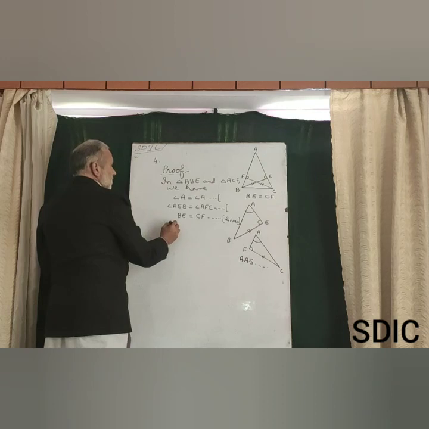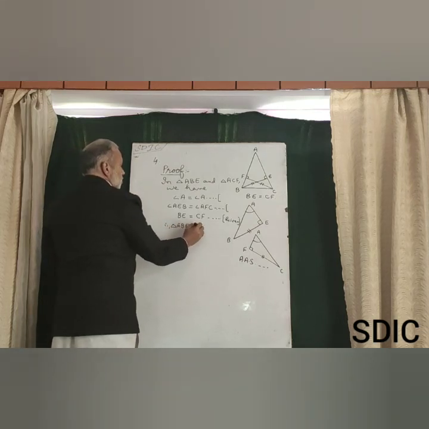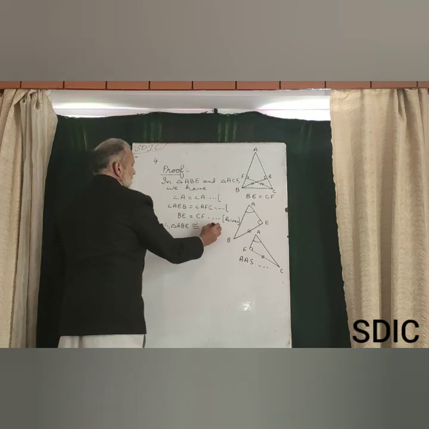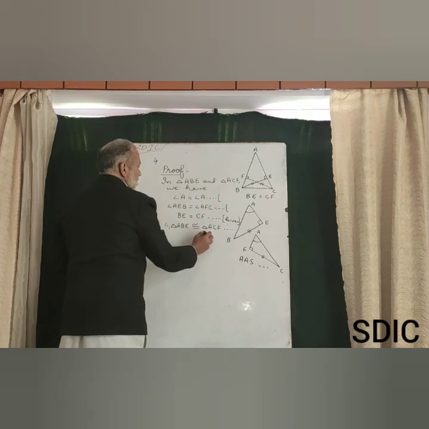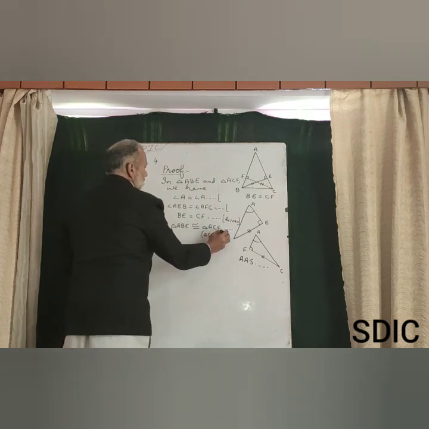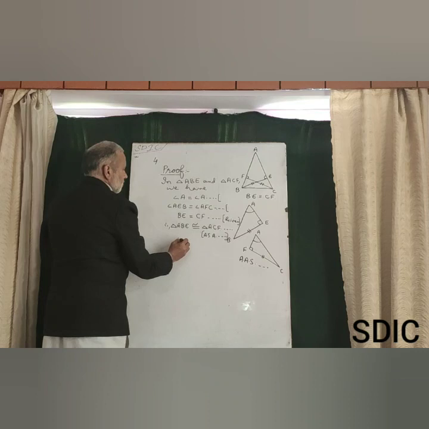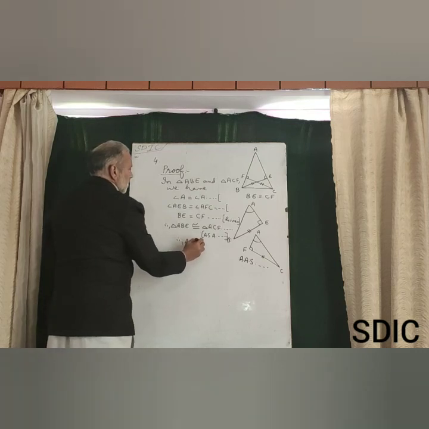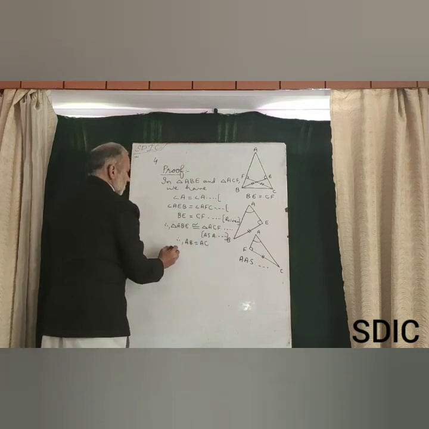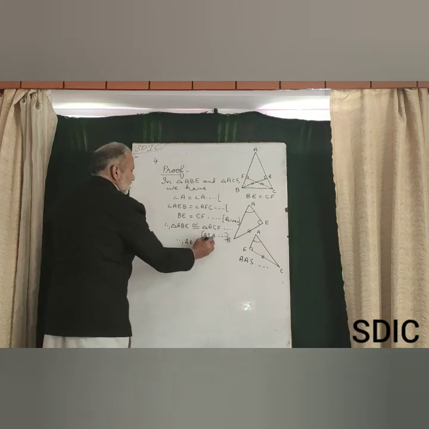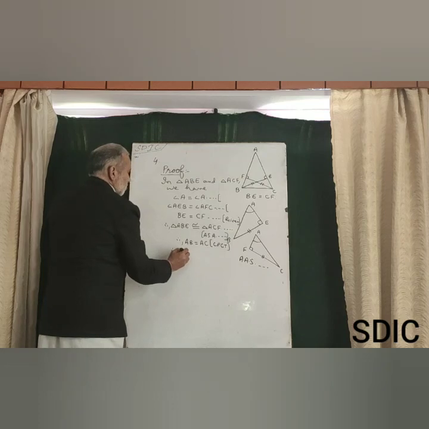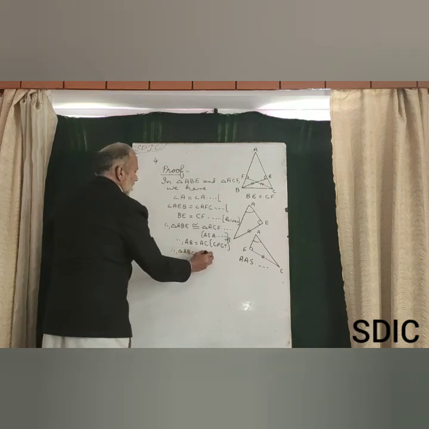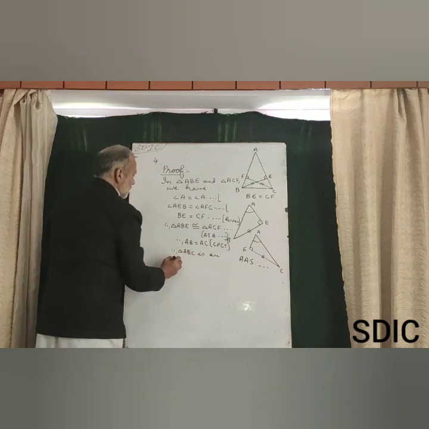Therefore, triangle ABE is congruent to triangle ACF, by the AAS congruency rule. Therefore, AB is equal to AC. Therefore, triangle ABC is an isosceles triangle.